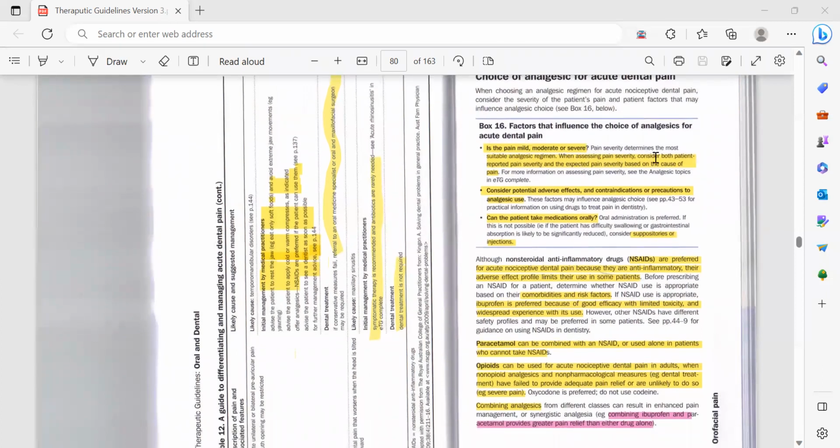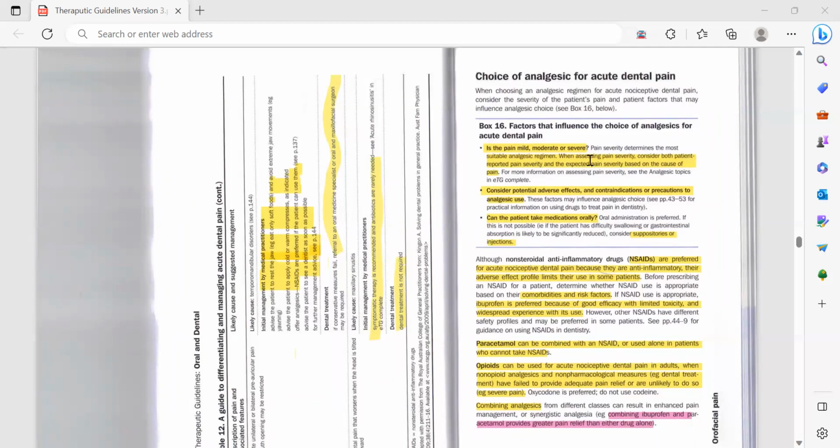When assessing pain severity, consider both patient-reported pain severity and the expected pain severity based on the cause of pain. So you need to consider whether this diagnosis can cause this much severe pain that the patient is telling you, or whether it is the expected pain severity or not. So you need to consider it first. What you need to find out is the pain severity.